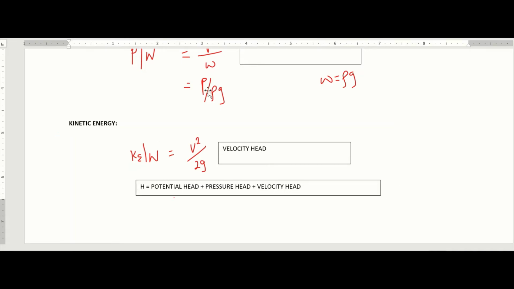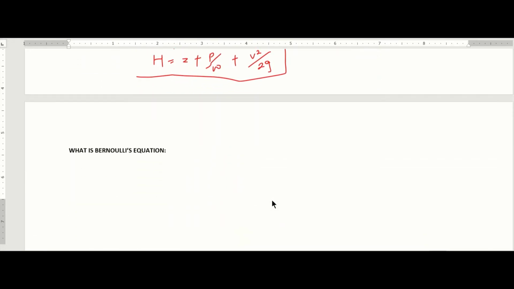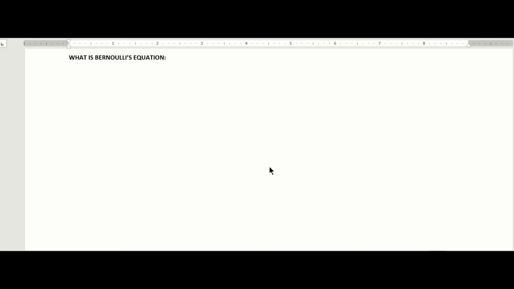We can write this in equation form as H is equal to the potential head, which is Z, plus the pressure head, which is P over specific weight, plus the velocity head, which is V squared over 2g. So this is the total energy of the fluid that is flowing in a pipe or in a system. So let's look at Bernoulli's equation.